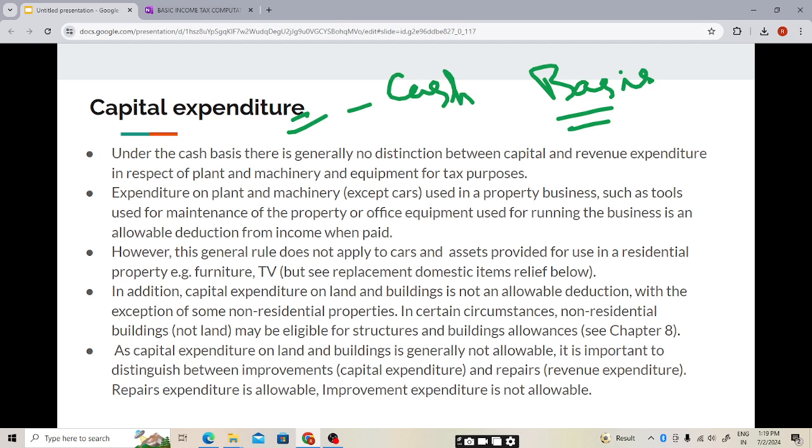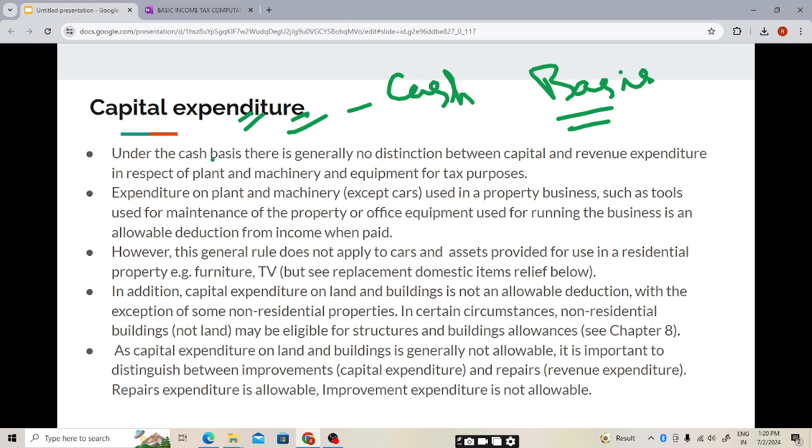Pre-trading expenditure will be reduced, and finance cost we have seen. Now coming to capital expenditure. What is capital expenditure? Expenditure done in order to increase the earning capacity. As mentioned earlier, revenue expenditure will be reduced. Capital expenditure will not be reduced.